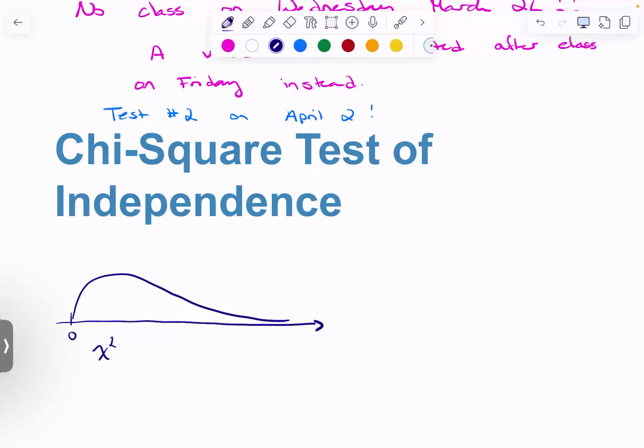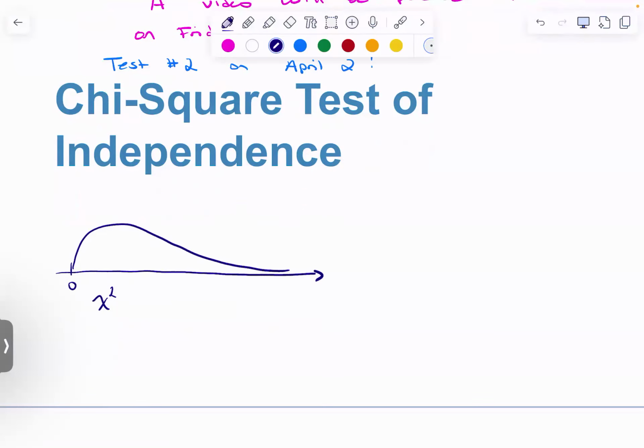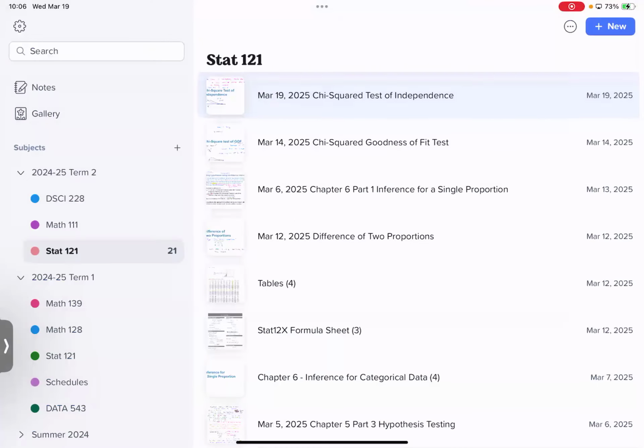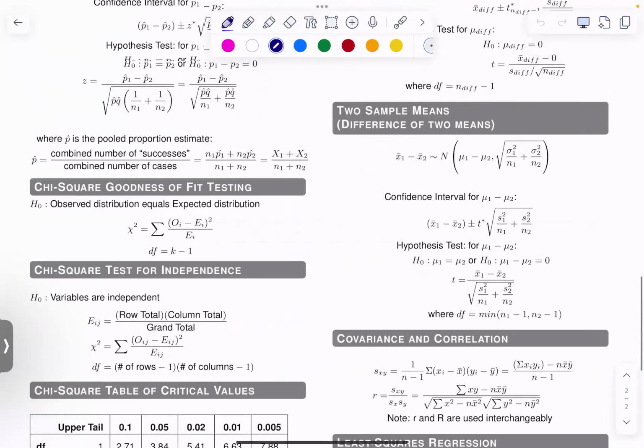But the shape depends on the degrees of freedom. For example, if you only have 2 degrees of freedom versus maybe 5 degrees of freedom, the shape is going to depend on those degrees of freedom. And on your formula sheet, it says how to calculate your degrees of freedom.